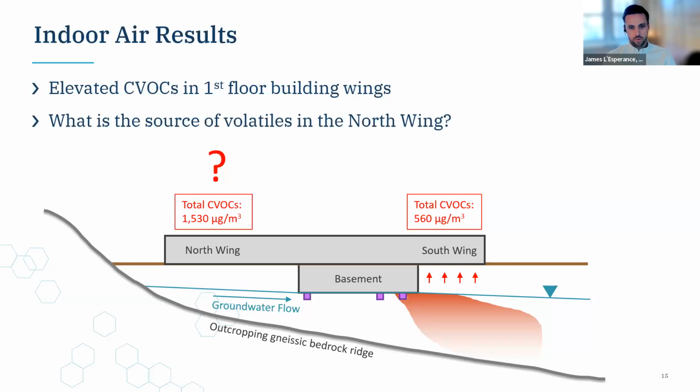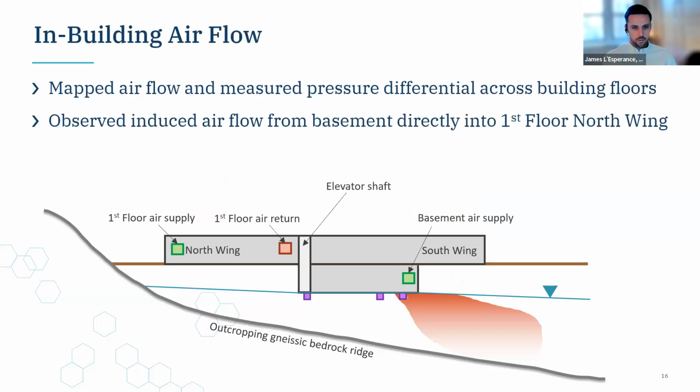So before rushing forward, or instead of rushing forward, with mitigation measures, given these elevated indoor air results, we performed an airflow modeling exercise within the building to look at the state of airflow, to see if gathering that additional information helped us out at all.